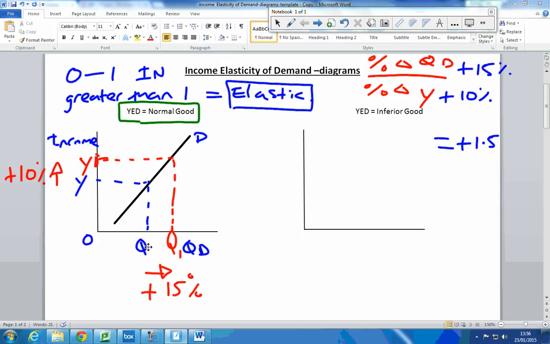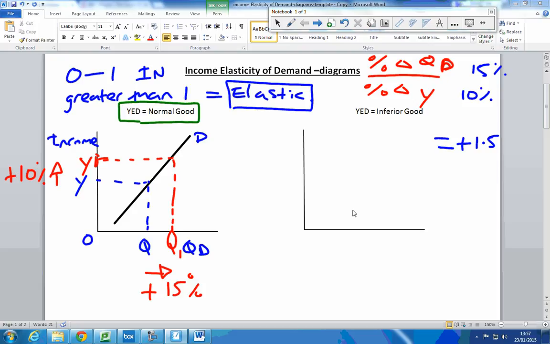It's a big change. It's 15%. The change in quantity demand is proportionally greater than the change in income. It would work the other way around.